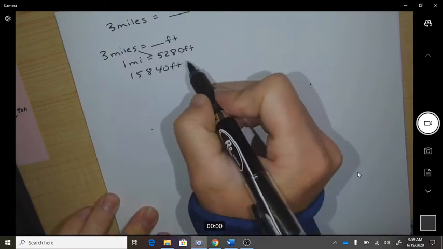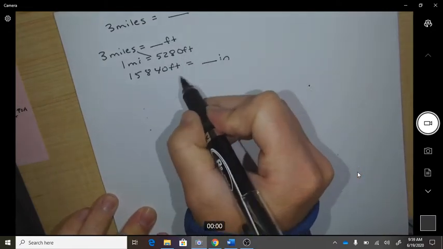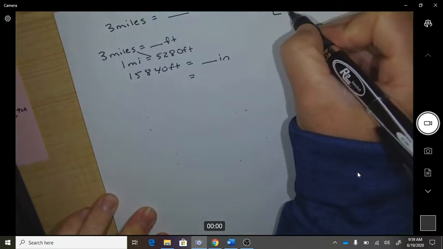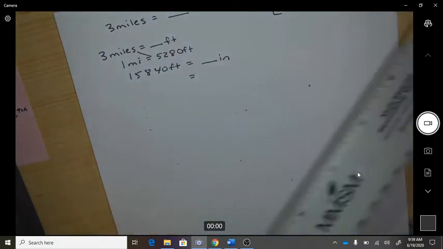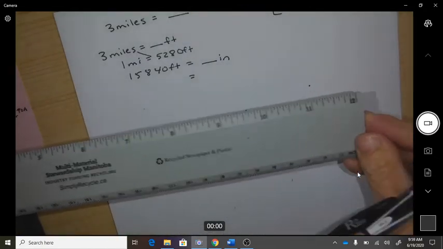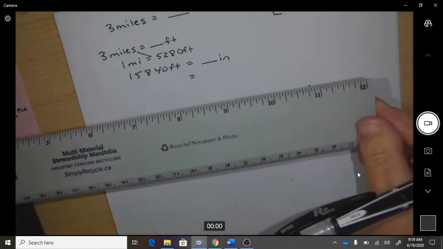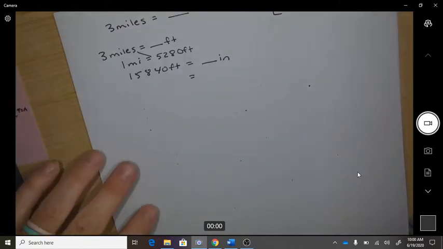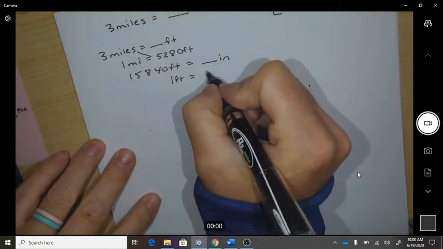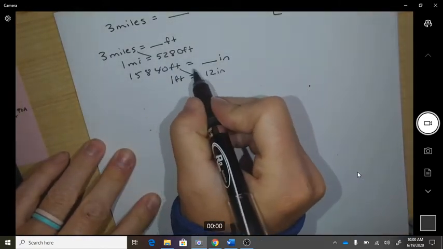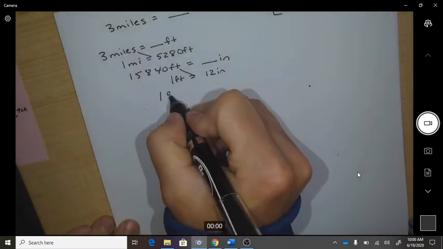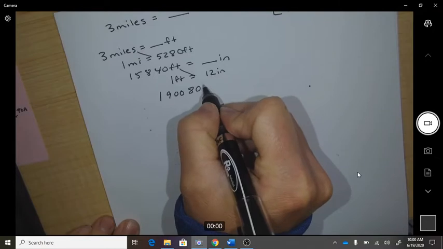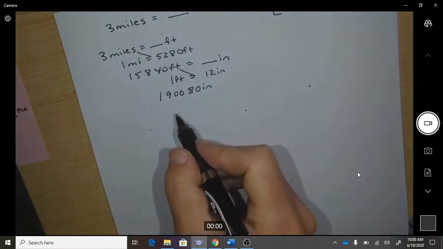So that many feet equals how many inches? And I know a conversion. In 1 foot, there's 12 inches. So that would be like your normal ruler. One of those is 12 inches. 1 foot, 12 inches. So in this conversion, cross multiplying means to times by 12. And that's my final answer.